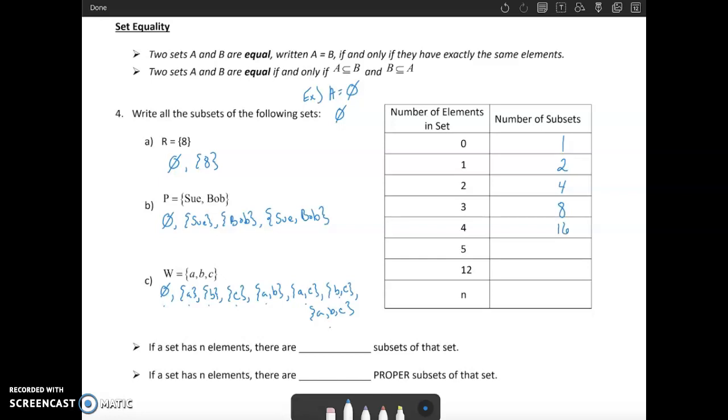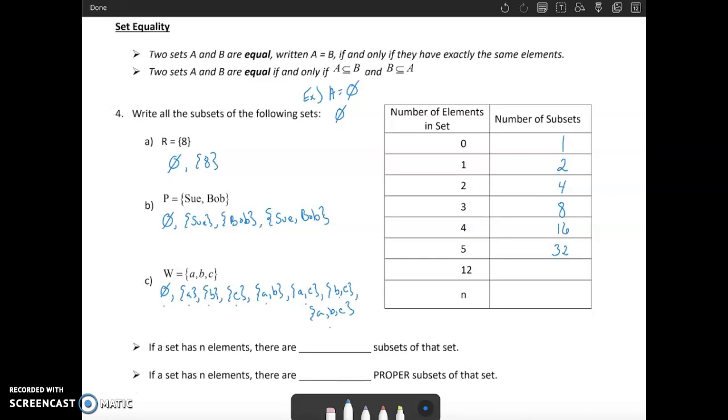And if I have 5 elements, I'm going to have 32 subsets. Now, I could do times 2, times 2, times 2 until I get up to 12 to figure out how many subsets a set with 12 elements will have, but that would take me a while. And certainly what we want to establish is a formula here.